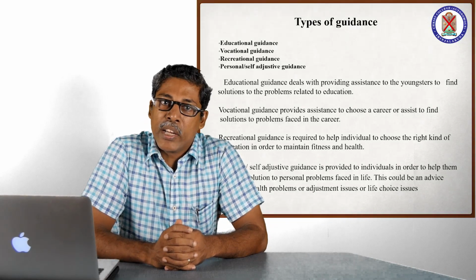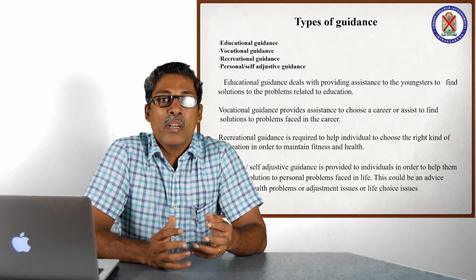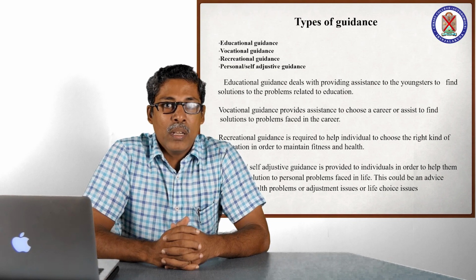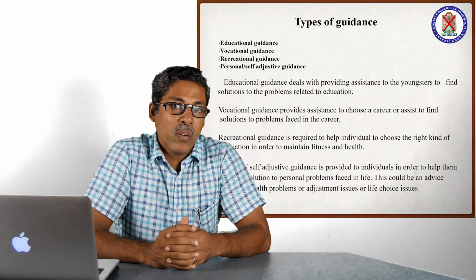Whereas recreational guidance helps you to know what are the recreational activities that you can involve in. For example, if somebody is working in an office and sits for about 8 hours and works, or 6 to 7 hours sitting down and working, what kind of recreation can he go for?